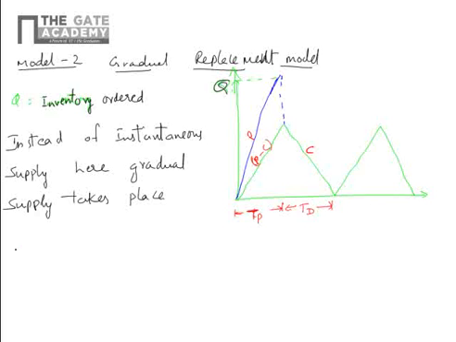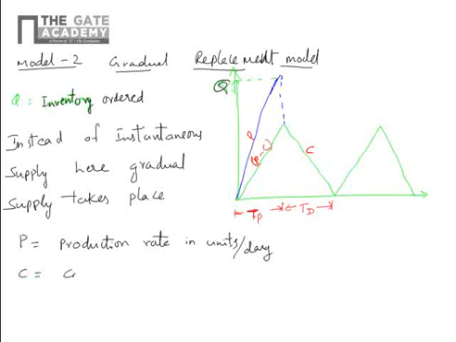P is called the production rate, in units per day.